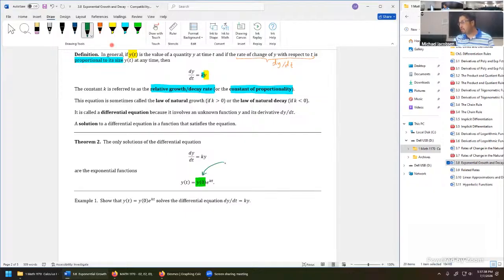Sometimes this is referred to as an initial value, a starting population size, or a starting mass, or a starting amount in a bank account, anything along those lines. It's multiplying by e to the power of k, here is the proportionality constant, once again, times time. So we claim that those are the solutions, and example 1 is going to ask us to verify that's the fact. Show that it's really going to solve the original differential equation, dy dt equals ky.